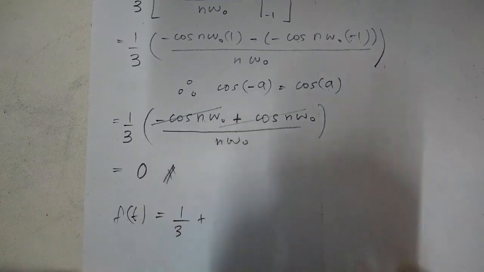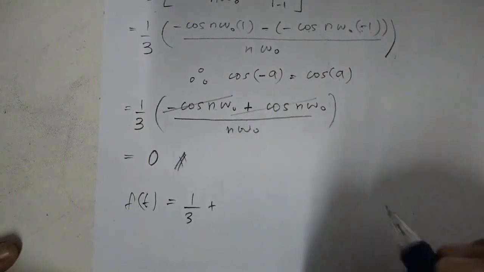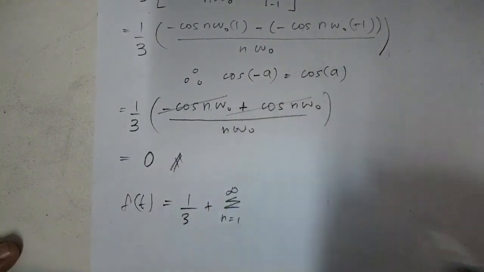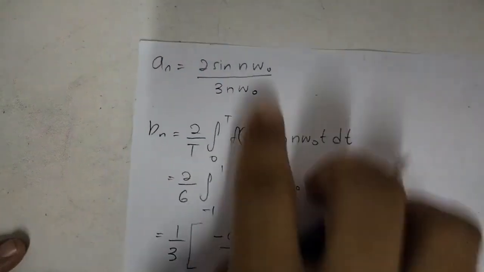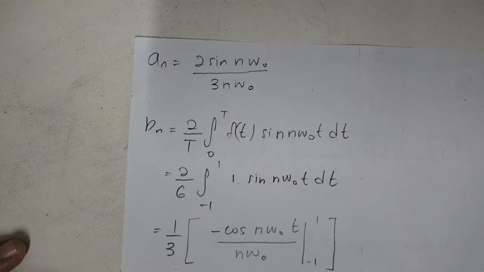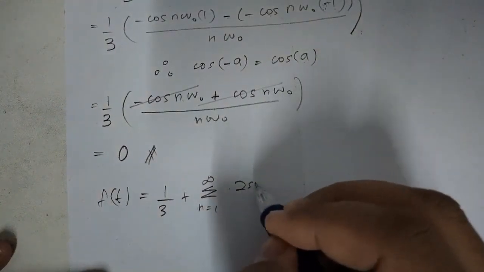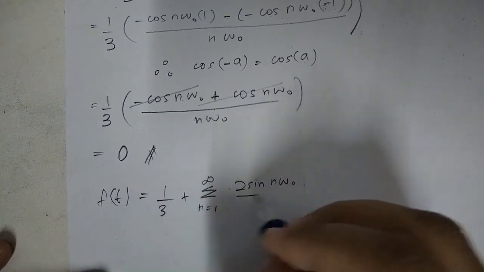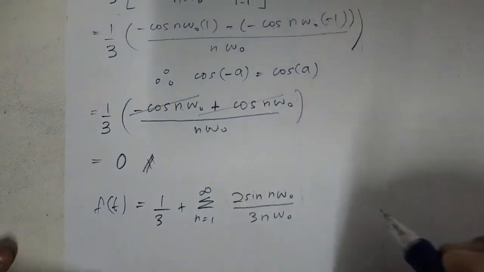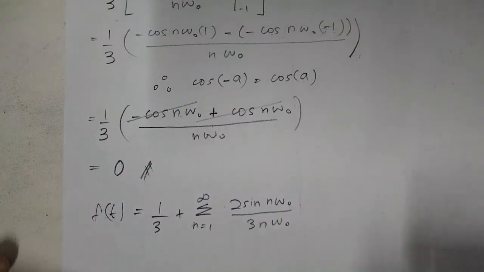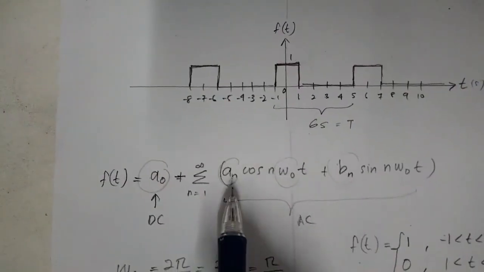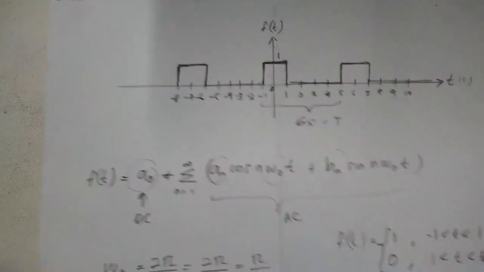So what is a naught? a naught is 1 over 3, plus the summation to infinity of an, and we know an is 2 sin(n omega naught) over 3n omega naught, multiplied with cos(n omega naught t).